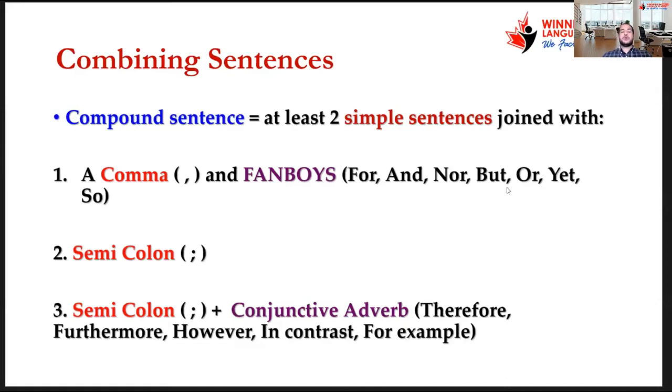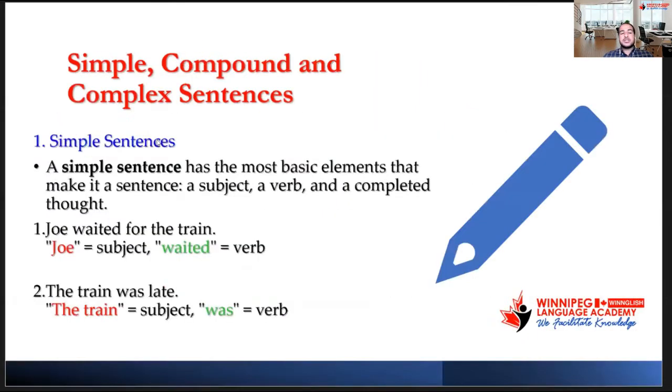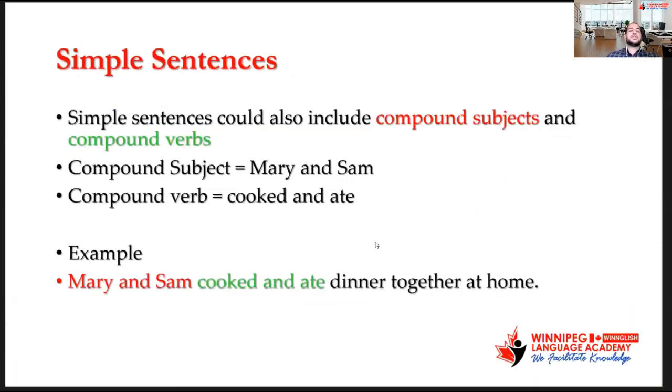Yes, clear. Perfect. So we just mentioned that we have a compound sentence and a simple sentence. In simple sentences, sometimes we have one subject and one verb, but it must have a complete meaning, like this one. Joe waited for the train. Joe is the subject, waited is the verb, and this sentence has a complete meaning. That's why we call it an independent clause or a simple sentence.